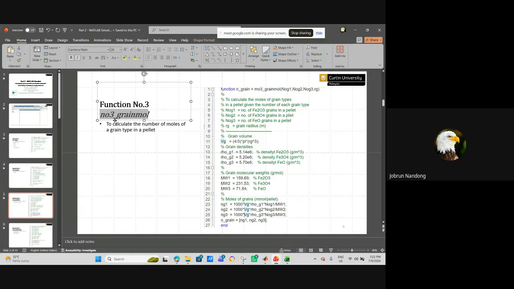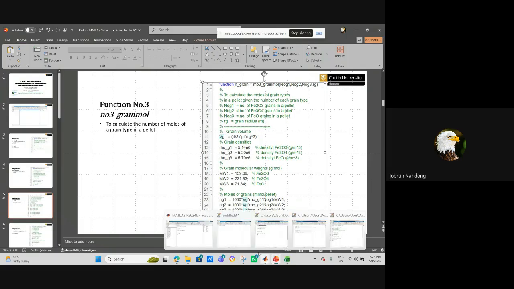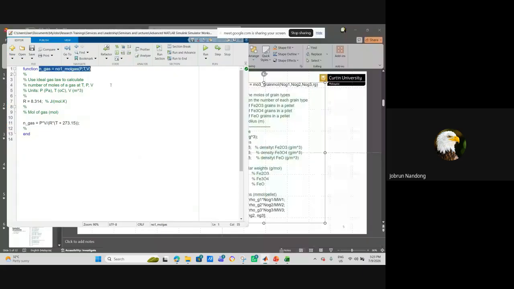So we call that number 3, grain mole. I have it here. Again, this is what the script looks like. You can copy that one. When you have the script, you can go back to the new script there.